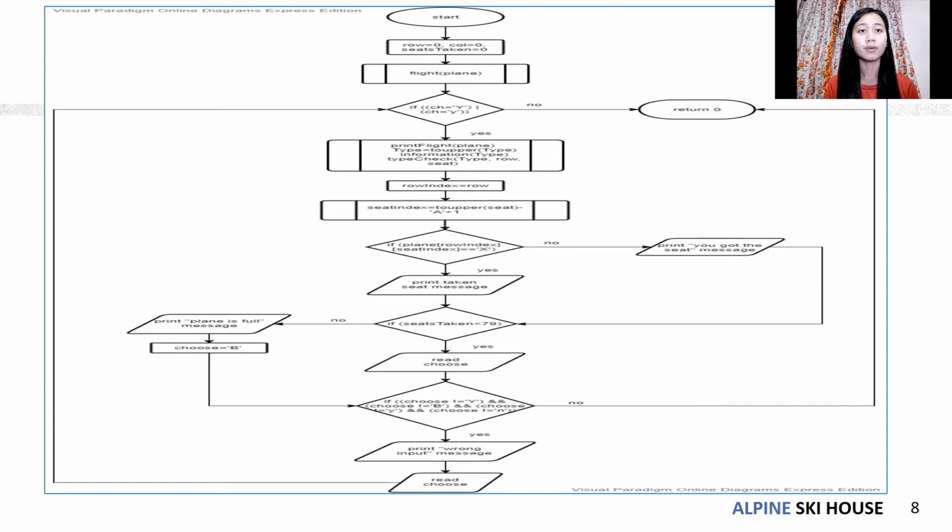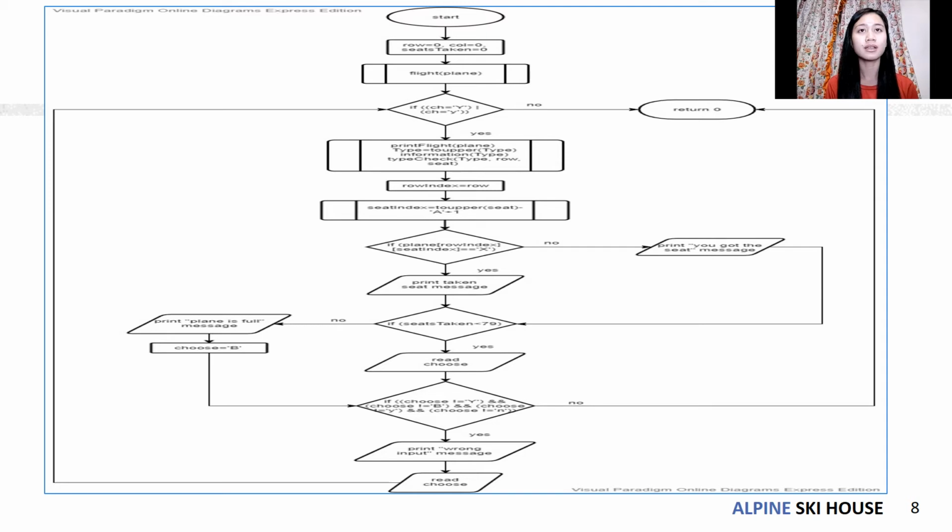From the third decision box, the flow direction of yes continues going down to the second input or output box. From this, the direction is going to the fourth decision box.